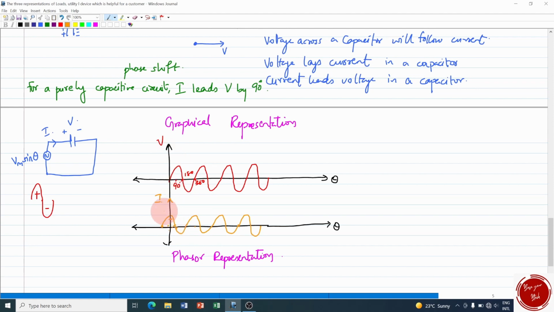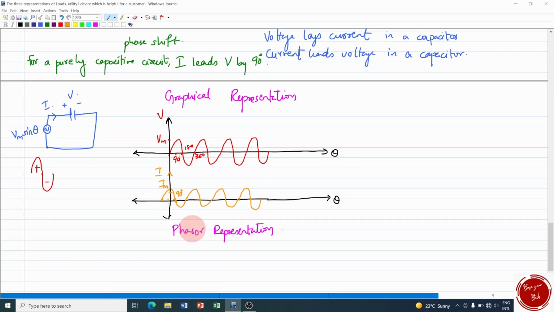So let us mark this as Im, and the maximum for voltage as Vm. It is very clear that the current has reached its peak at the 0th angle, but the voltage has only reached its maximum at 90 degrees, after the current has reached its maximum. Hence, current leads the voltage by 90 degrees.